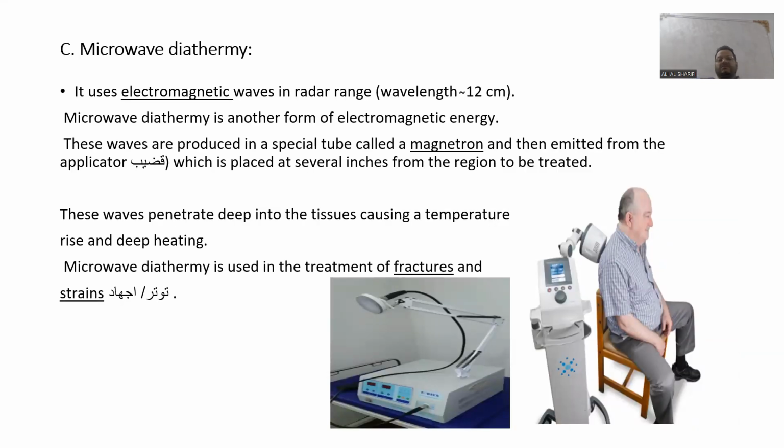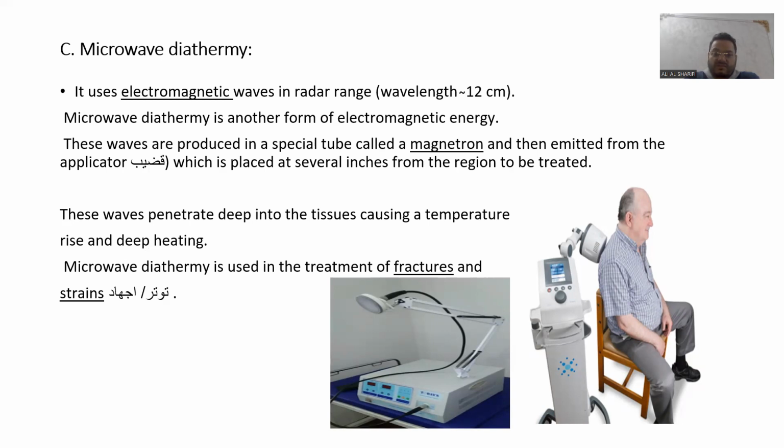The third kind of diathermy is microwave diathermy. Let's discuss how we can use microwaves to treat damaged tissue. It uses electromagnetic waves like the others, in the radar range. Here it's bigger than the previous one.